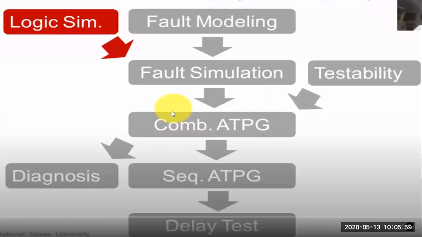Now the combinational ATPG. It is a combination with testability and with the diagnosis. Automatic test pattern generation comes with different algorithms, because it has to automatically generate the tests, check the faulty sites, minimize them, and give the respective output, whether the circuit is fault-free or faulty.